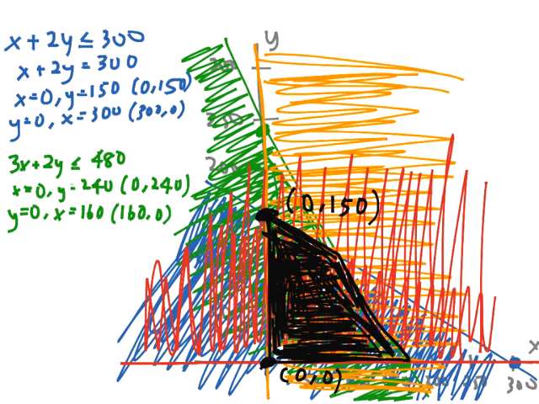And then you have the third corner point, which is here, given to you as 160, 0. And then you have the last corner point, which is here, given to you as 90, 105.